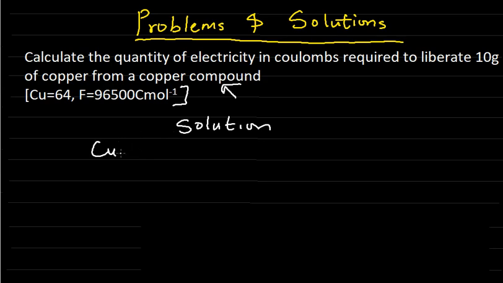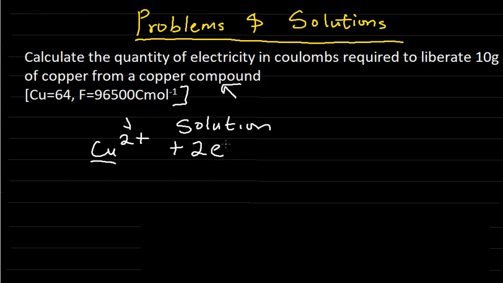We know that in the electrolysis of copper, the reaction that takes place at the cathode is the reduction of Cu2+. The number of electrons transferred to the Cu2+ so that it will be reduced is 2 electrons.